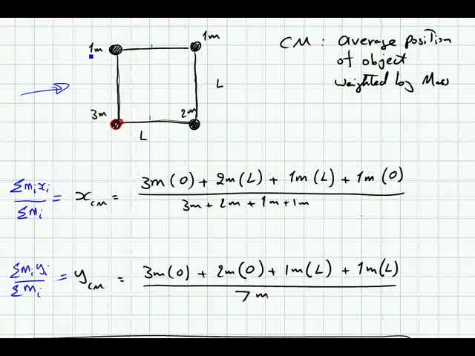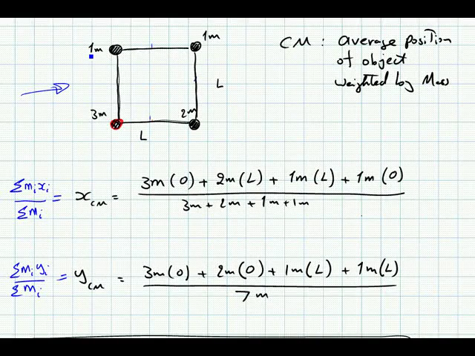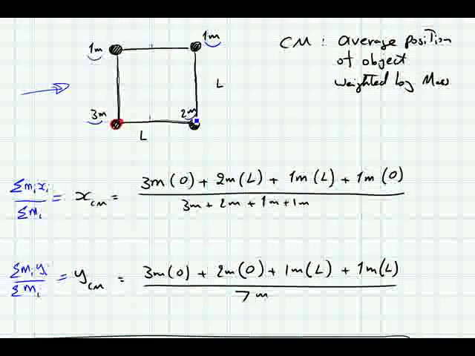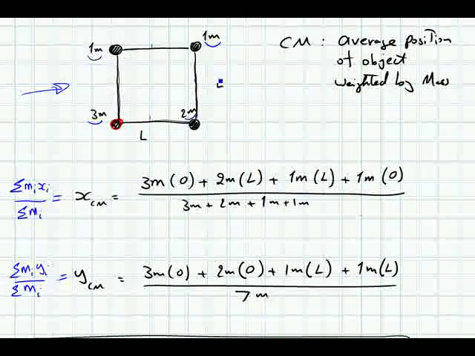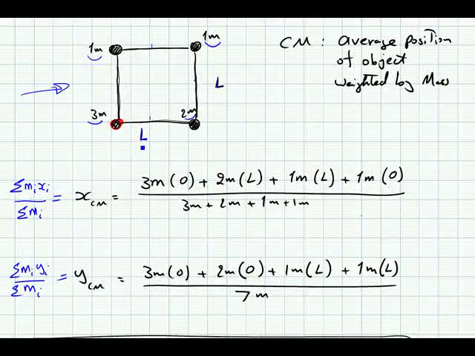So it could be a kilogram, 2 kilogram, 10 kilogram each, whatever. So we have 1m, another 1m up here, a 3m mass, and a 2m mass at the lower right hand corner. And each mass is positioned at one corner of a square of side L. It's the square of side L.